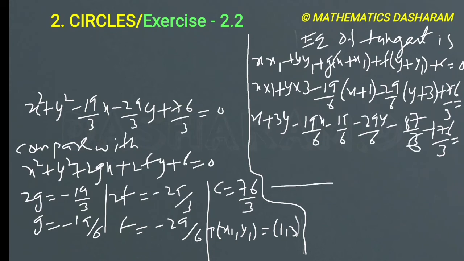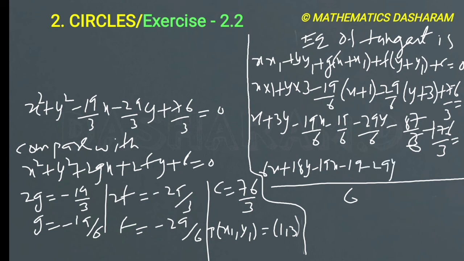Now take the LCM. 6 is the LCM, so 6x + 6 threes are 18y - 19x - 19 - 29y - 87 plus, here, 6 in 3 is 2, 2 into 76 is 152, equals 0.